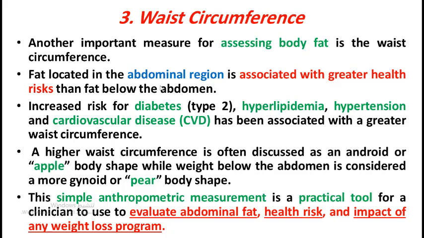A higher waist circumference is often discussed as an android or apple body shape, while weight below the abdomen is considered more gynoid or pear body shape. This simple anthropometric measurement is a practical tool for a clinician to use to evaluate abdominal fat, health risk, and impact of any weight loss program.